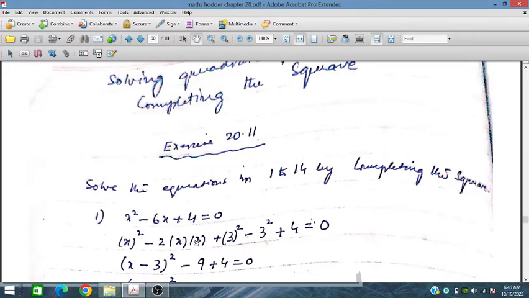So here we have another term 3, so we will write here 3 square. This will make a complete square. So this 3 square is added, so 3 square will be subtracted to keep it balanced. So this is extra, so this will cancel. This 4 is here. So from the first two terms we make a square up till here.